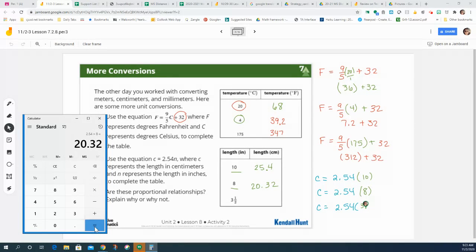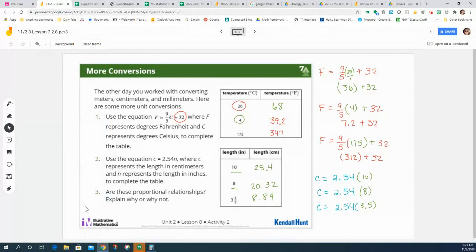I'm just going to put that in as a decimal. So 3.5 times 2.54, and we get 8.89. Again, it's just substitution into the equation.